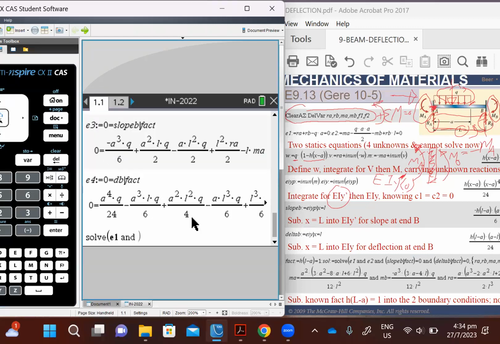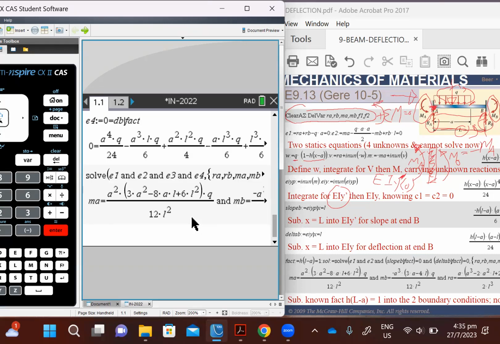Or you can just type in equation 2 and equation 3 and equation 4, comma. What do you want to solve for? It's those unknown reactions, A, B, MA, MB.